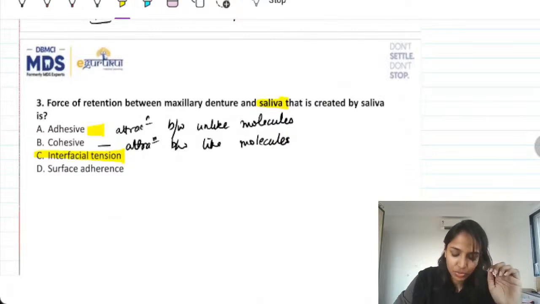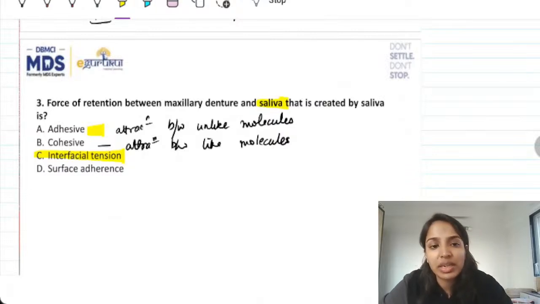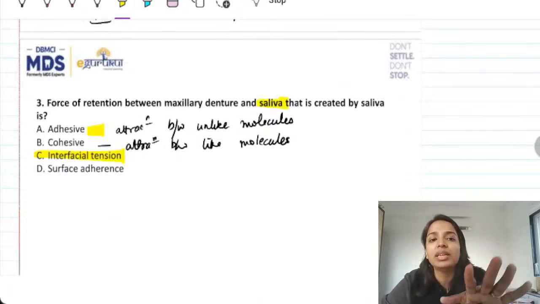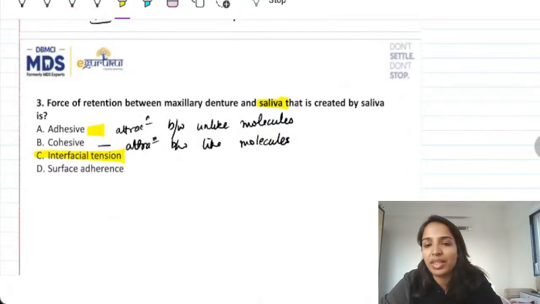I would advise you to go for the answer interfacial surface tension, although you're mentioning that a particular answer has been given in some other question bank. But this is the correct answer according to me. I think I have verified it with standard textbooks for the same.